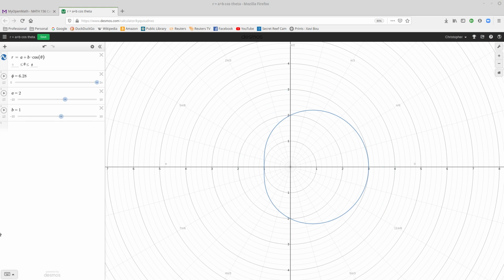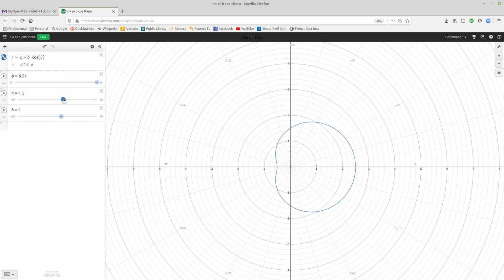You can have a look at that later and verify that I'm correct in that. But all of these are called cardioids because of this general heart shape. And so if I shrink A down, you can see that sort of rounded, more not like a drawing of a heart, more like a closer to a human heart shape.